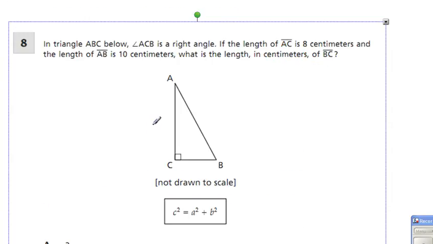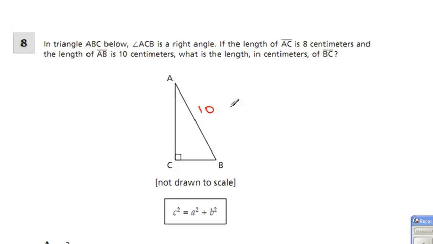Now here, AB is equal to 10 centimeters, and AC is equal to 8. Now we are looking for BC, well, we put that as X. Then using the Pythagorean theorem correctly, 10 must be equal to C here. 10 squared is equal to 8 squared plus x squared.